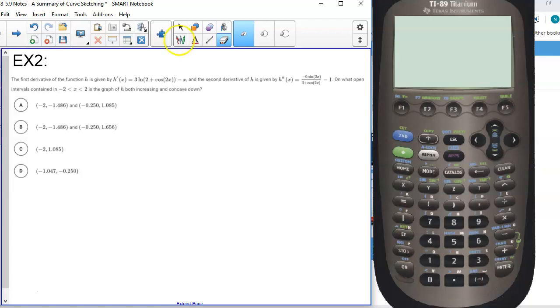Okay? So if the graph is increasing, okay, increasing or decreasing tells us about the first derivative. So, Lily, the first derivative, what do we know about it if our graph is increasing? Positive.